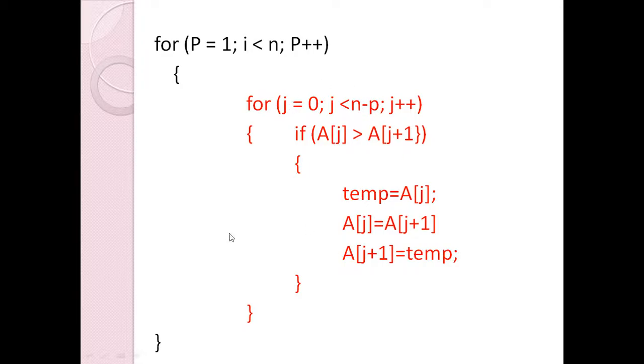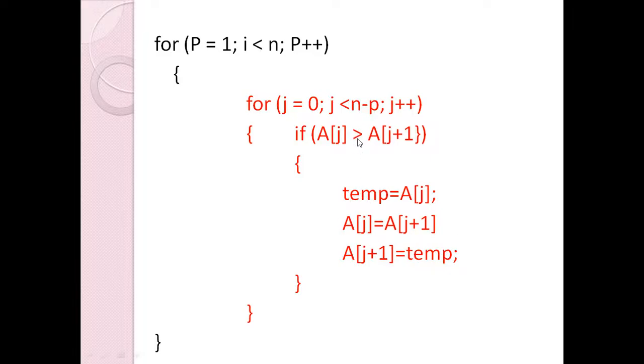When all these passes are completed, your elements will be sorted. So this is a simple algorithm which you can run on your own computer to get confidence in this. If you want to sort the elements in descending order, then you need to only change this sign.